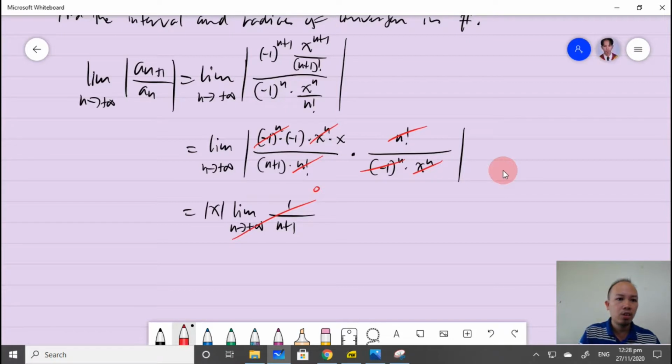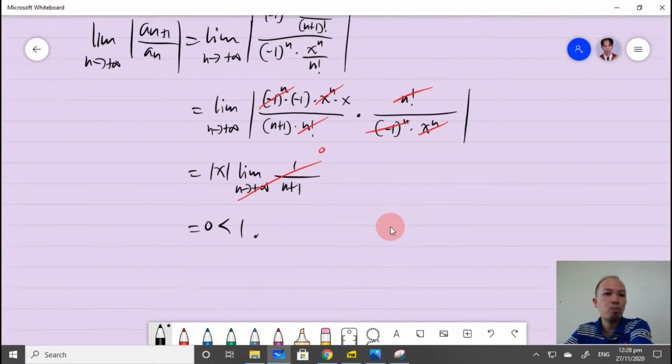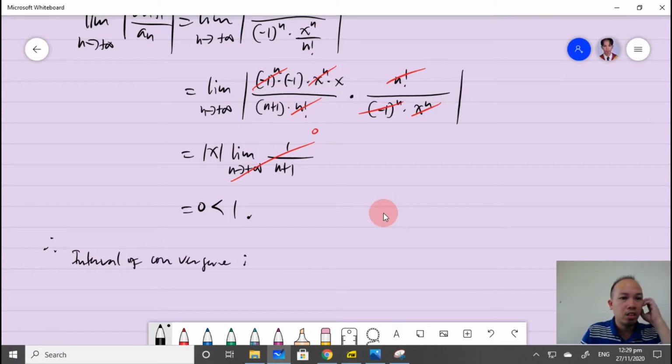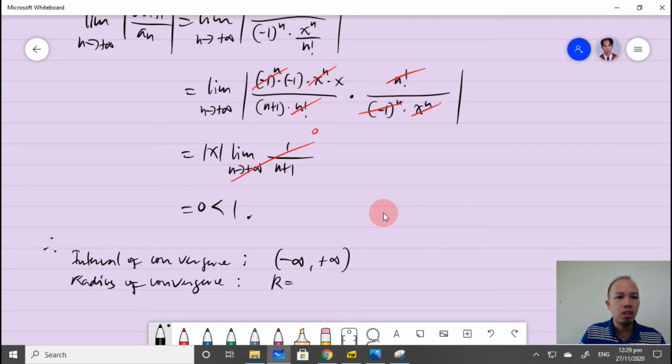So this is 0, which is less than 1. This means that the interval of convergence is from negative infinity to positive infinity, and the radius of convergence is infinity.